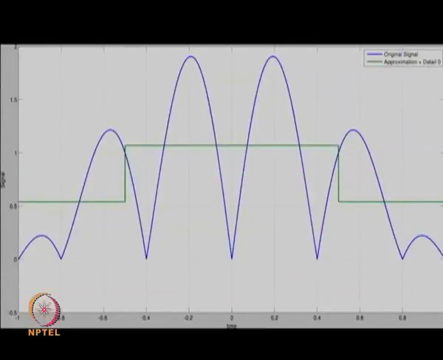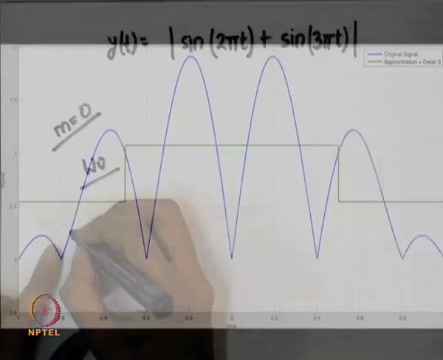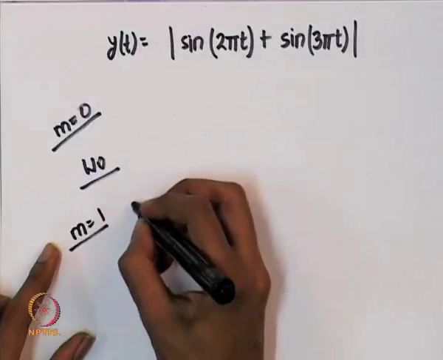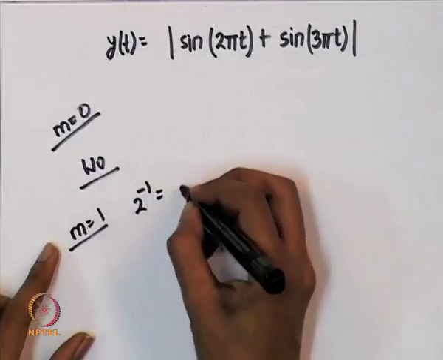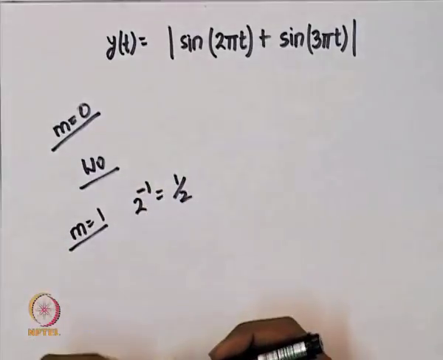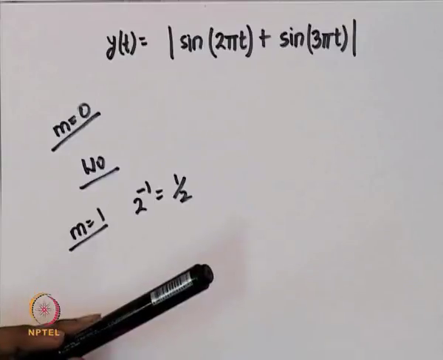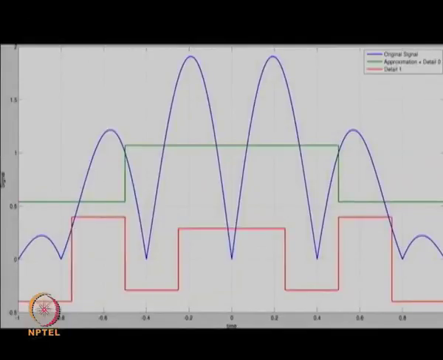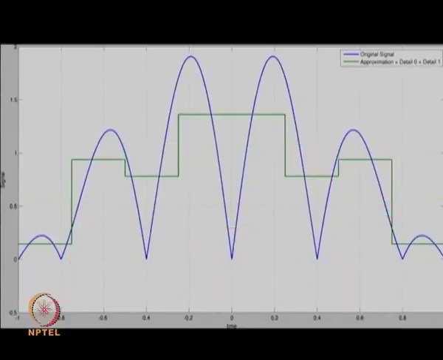Now we can add more and more finer details to the function. We take the interval of size 2 to the power minus 1, that is half, and we add the detail to the approximation that we just got, shown in red. When we add these two, we get a much better approximation to the original signal.